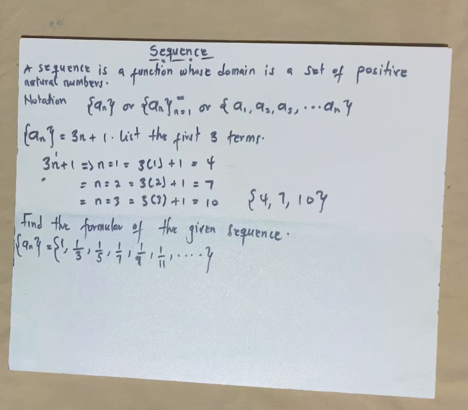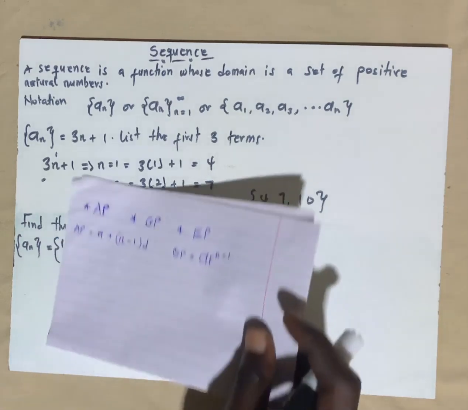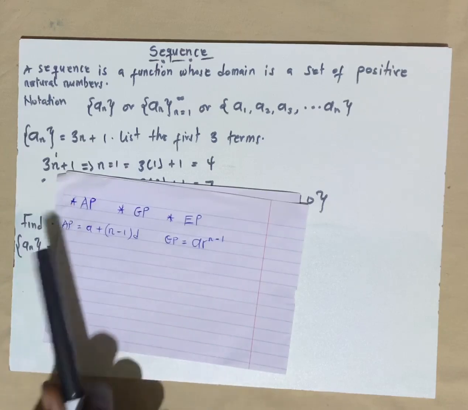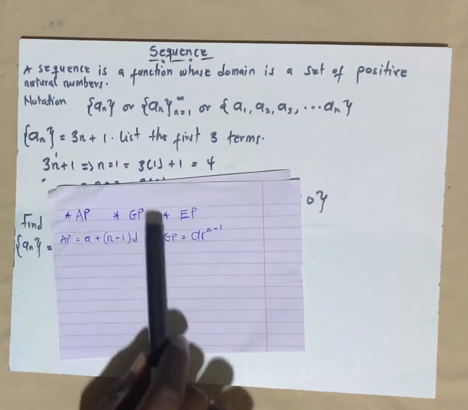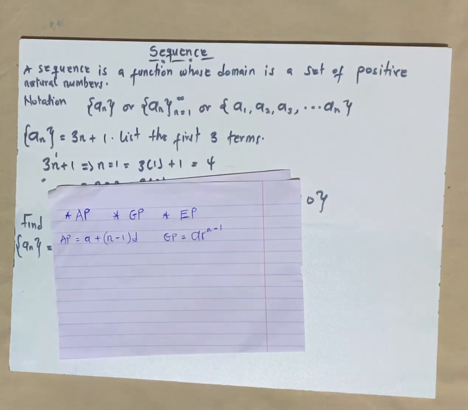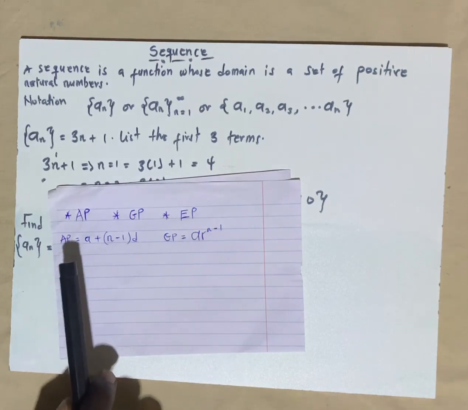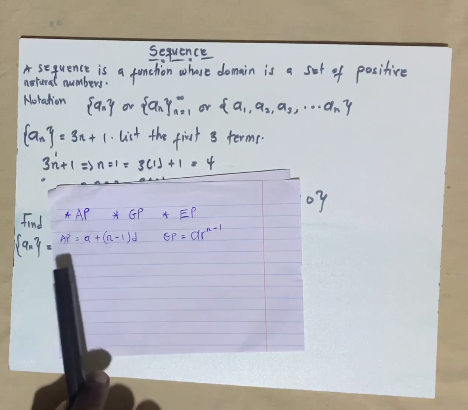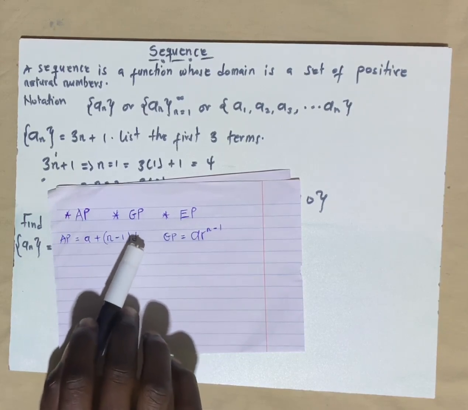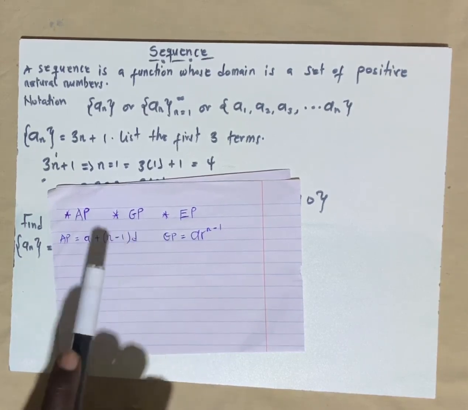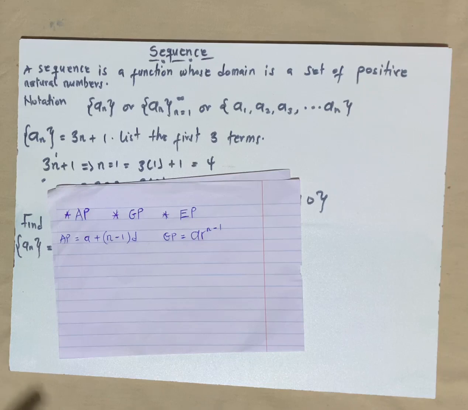So how do you get the formula? The first step is to confirm whether this sequence is going to be an arithmetic progression, a geometric progression, or something I would love to call the exponential progression. When a sequence is going to be an arithmetic progression, it means there is a certain constant difference, which is d, inside the sequence, which means anytime you do subtraction you get the same answer.